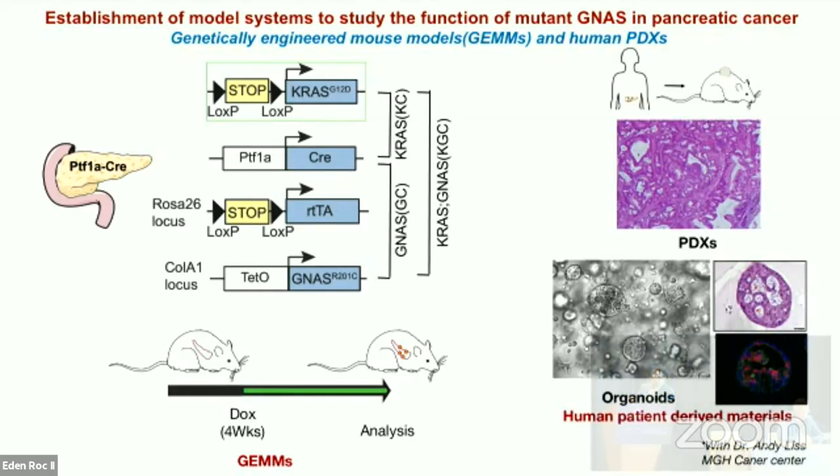Again, with the help of our clinicians, when I was at MGH, we developed GNAS mutant PDXs, organoids, and primary cell lines. These two complementary systems, mouse and human, give us a really valuable way to understand the mechanism by which mutant GNAS drives pancreatic cancer.